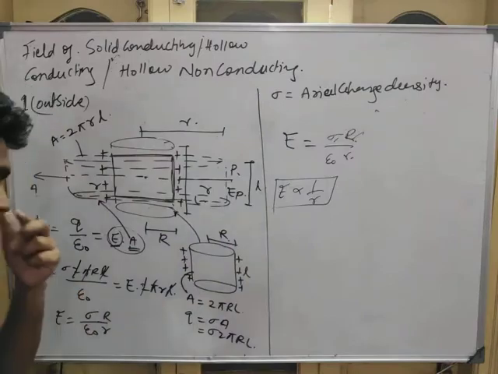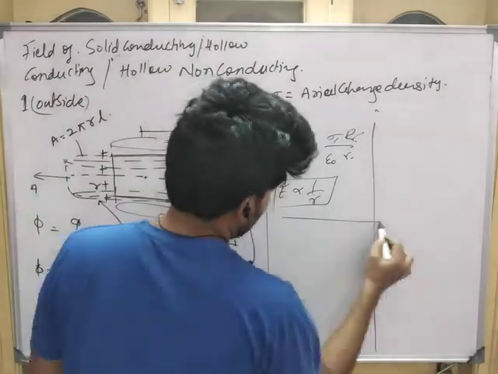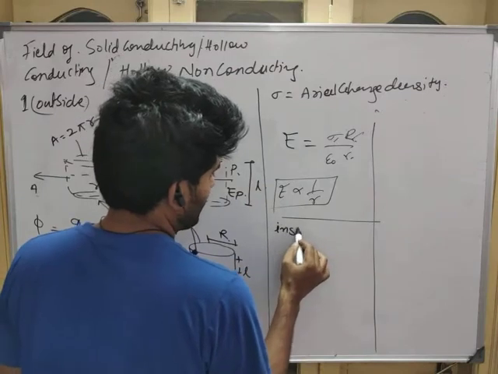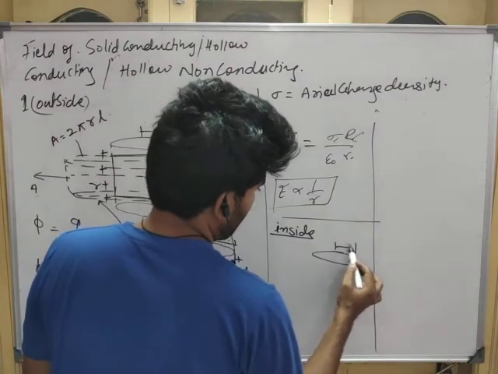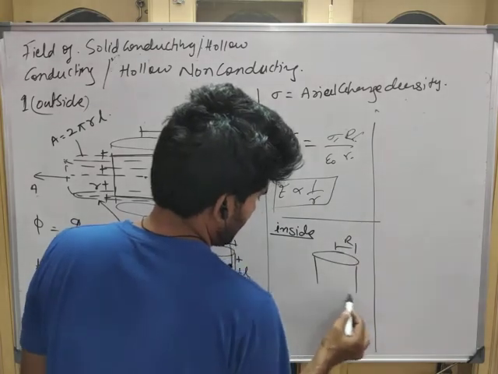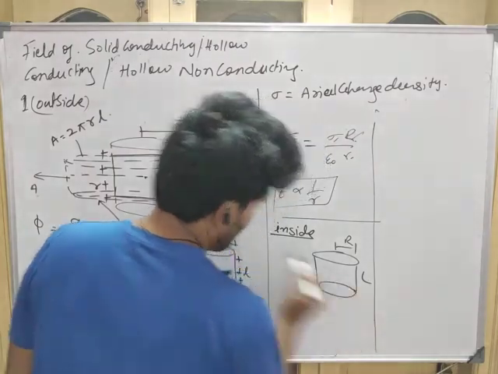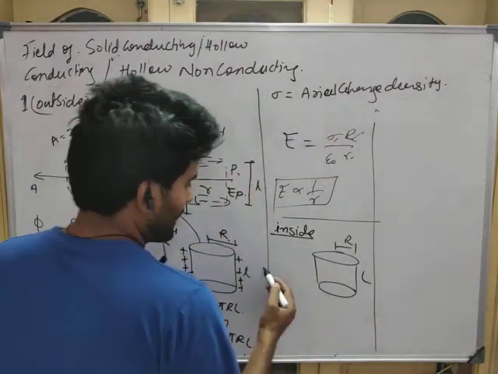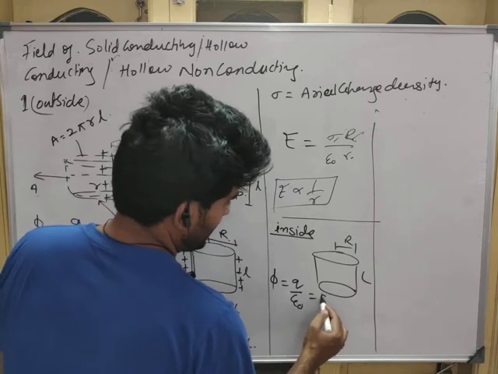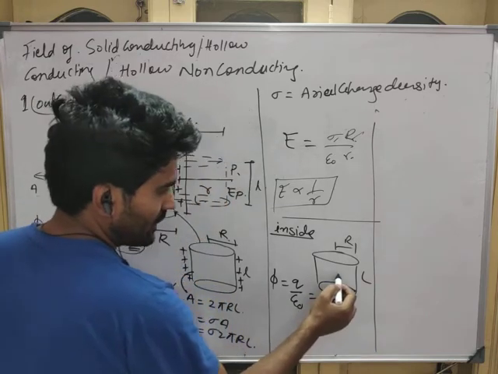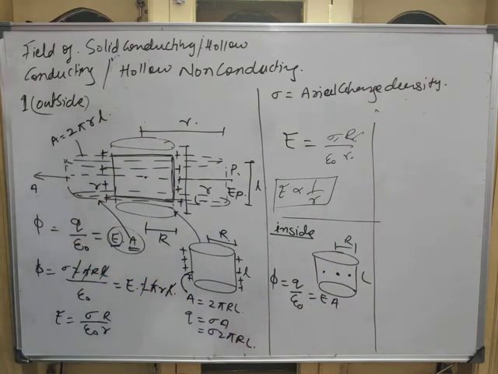So now we'll find out the inside field. Inside, we will find inside. Okay, so it is r radius and the length L. Now we know that phi is equal to q by epsilon naught equal to EA. We are finding out at any point inside, any point we are taking here.